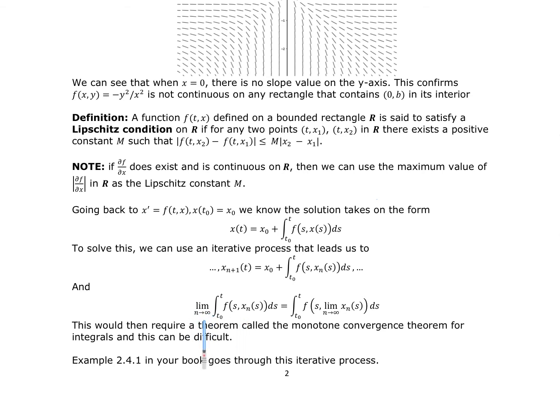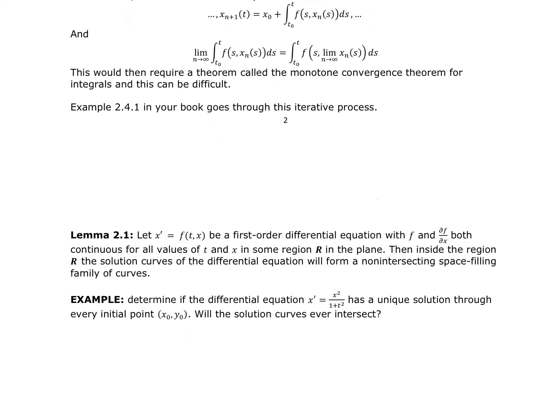The limit as n goes to infinity of the integral from t naught to t of f of s, x sub n of s, ds, is going to be equal to, by the fact that we can use limit laws, the integral from t naught to t of f of s, the limit of x sub n of s, ds. And then we would require a theorem called the Monotone Convergence theorem for integrals, and this in and of itself can be pretty difficult. Now, if you open up your book and look at example 2.4.1, the book goes through a pretty good example of this iterative process, and I'm not going to go through it here.